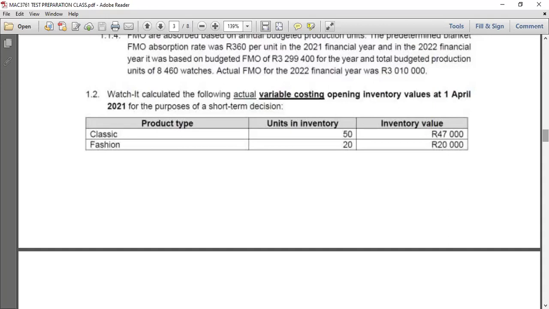So when you are given the opening inventory according to variable or direct costing, to get the inventory according to absorption costing, you simply have to add the fixed production overheads per unit.